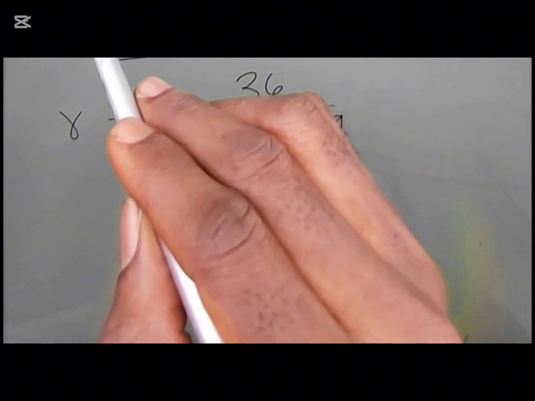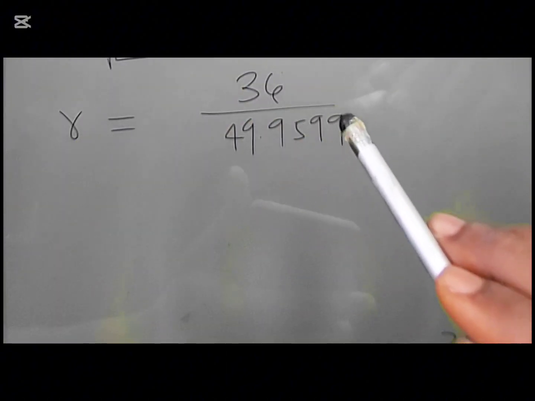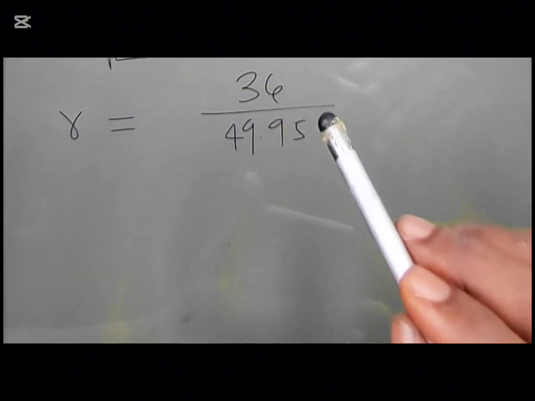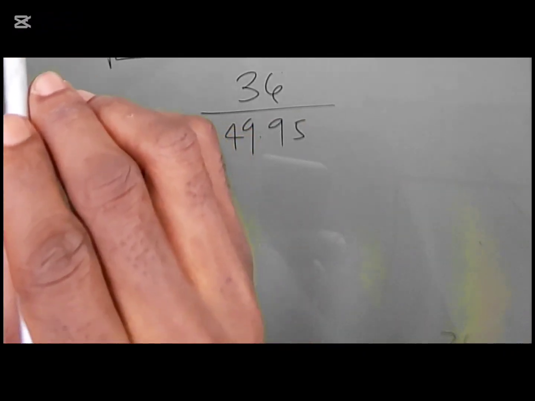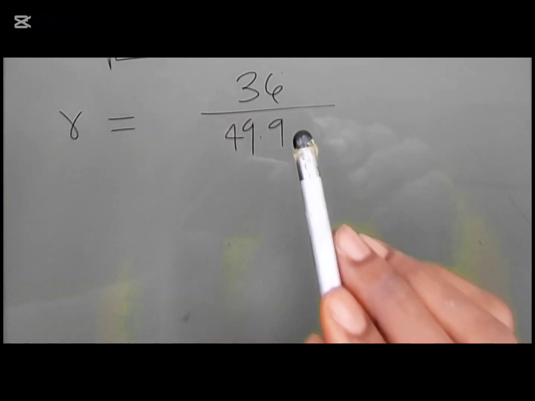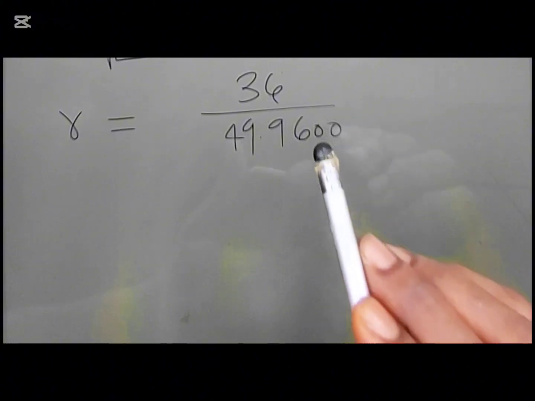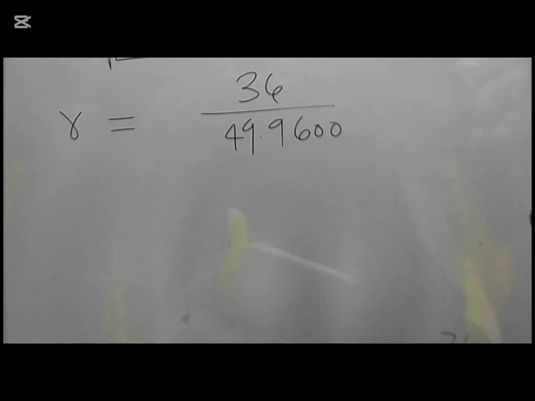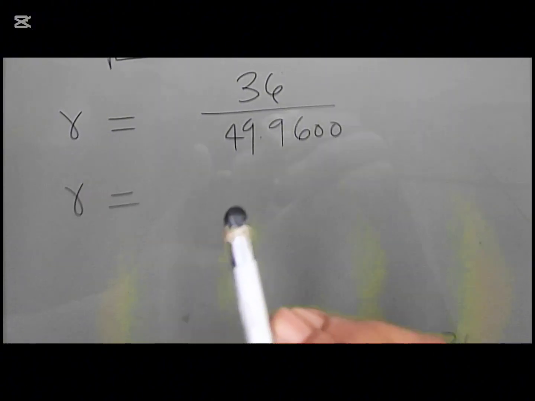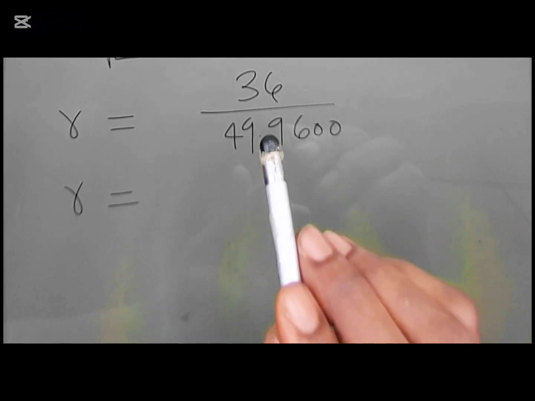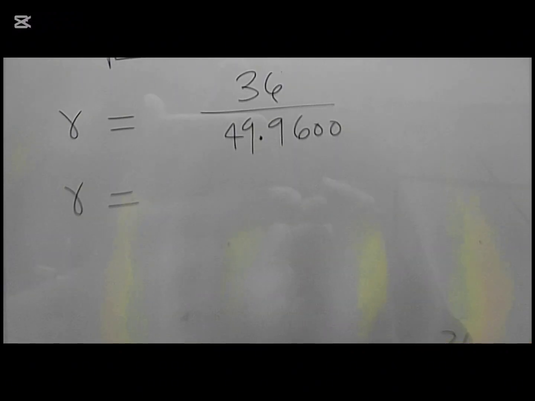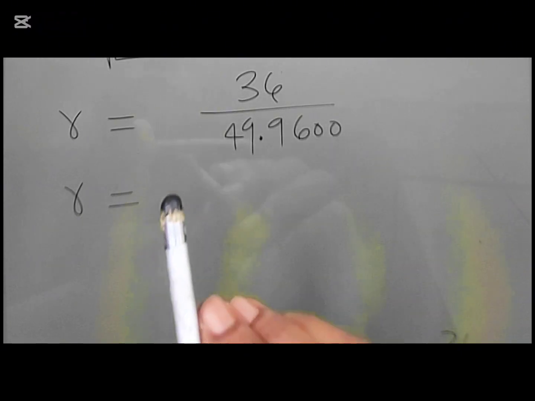Approximating to 4 decimal places, I have this to be 49.9600. We approximated it to 4 decimal places for accuracy. That is the reason for your 4-figure table. Now lastly, 36 divided by 49.9600.